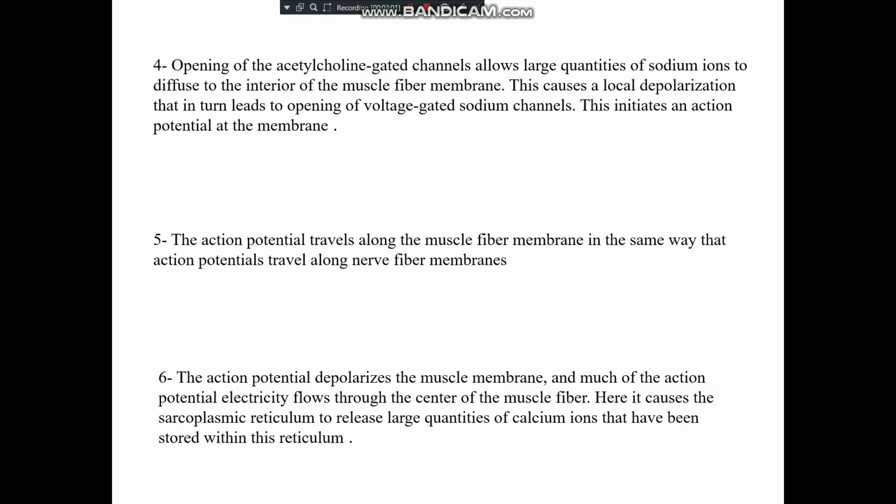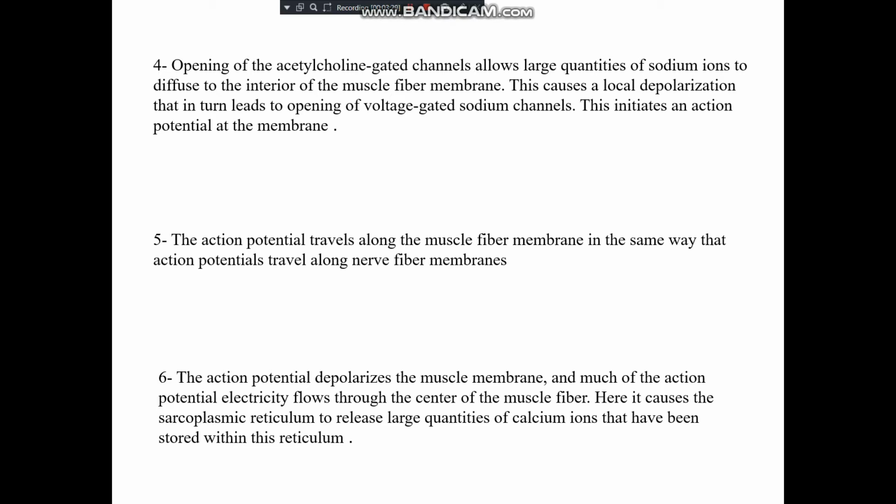So now, the opening of these acetylcholine gated channels allows a large quantity of sodium ions to diffuse into the interior of the muscle fiber. Once these channels are opened, there is an influx of a large quantity of sodium ions inside the muscle fiber membrane.